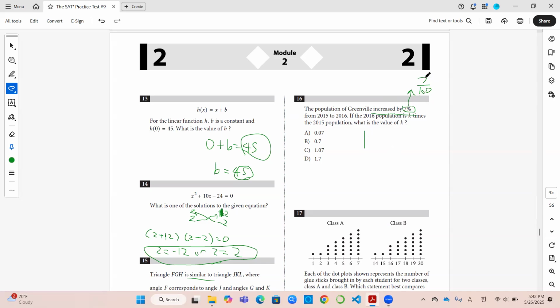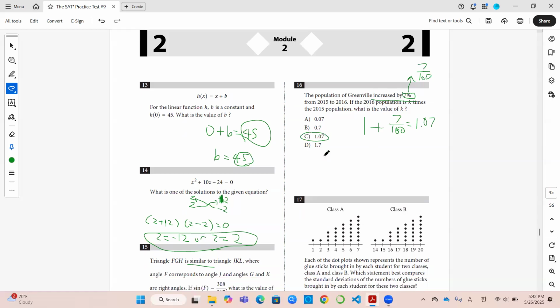Should I be adding the 7 over 100 or subtracting the 7 over 100? Since it's an increase, I add. So this becomes 1.07, and this is what you need to multiply to the population for 2015. So choice C is correct for question 16.